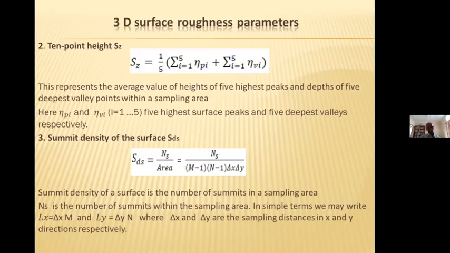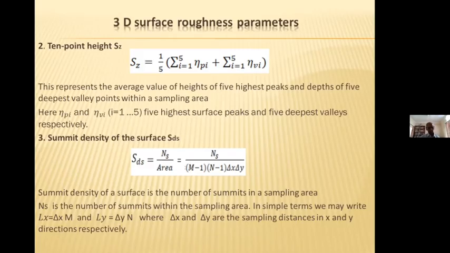So we simply take the heights of the 5 highest peaks and the 5 deepest valleys, and add them and take 1/5. So this is one way of taking a 10-point average. This is useful in defining the 3D surface.